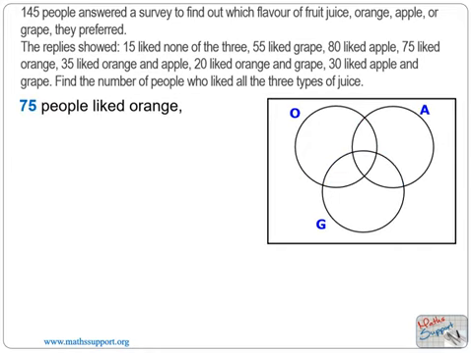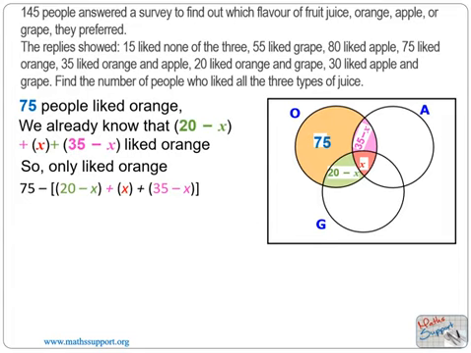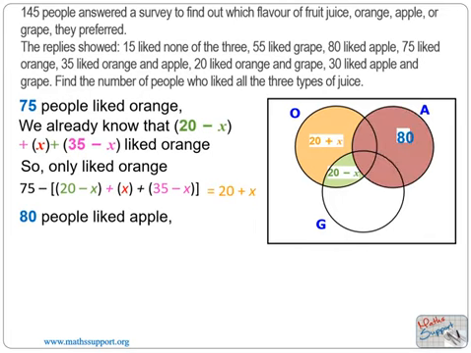So if we have that, we know that 75 like orange. But we know that this is 20 minus X, this is X, and this is 35 minus X. So only like orange will be 75 minus 20 minus X plus X plus 35 minus X, and that gives us 20 plus X. 80 people like apple.